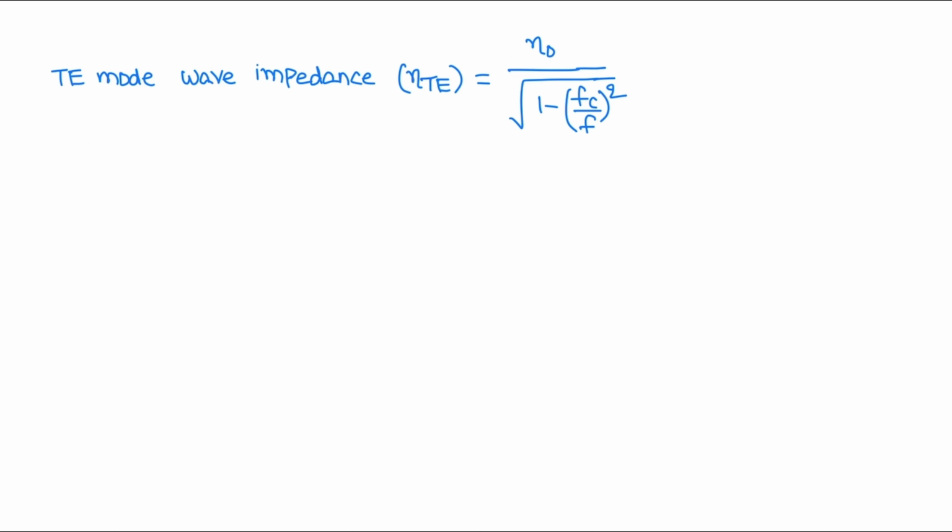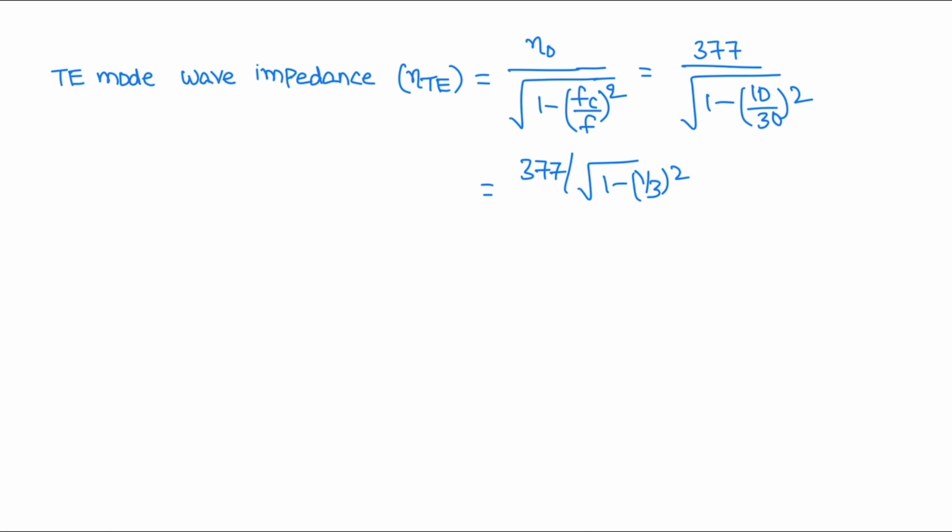For TE mode wave impedance is eta naught by square root of 1 minus fc by f whole square, where eta naught is 120 pi, that is 377, divided by under root of 1 minus 10 gigahertz by 30 gigahertz whole square. 377 divided by under root of 1 minus 1 by 3 whole square.